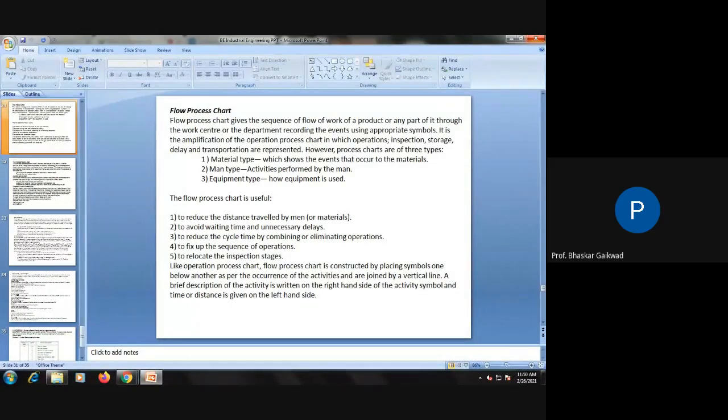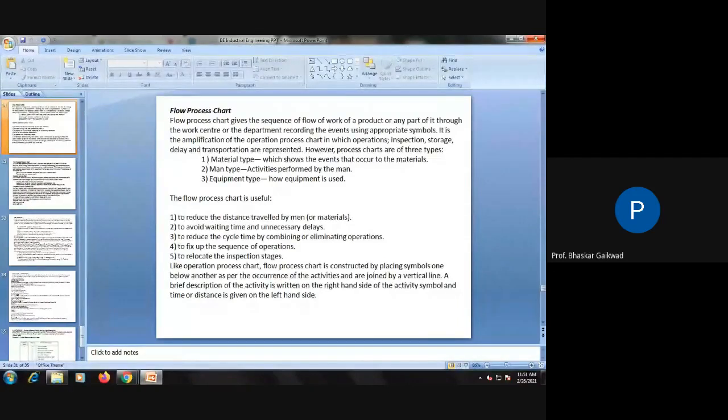Okay. The flow process chart is constructed by placing symbols. We have to show the symbols. How many symbols are there? Five. One is operation, indicated by a circle. Second is inspection, indicated by a square. Third is transportation, indicated by an arrow.